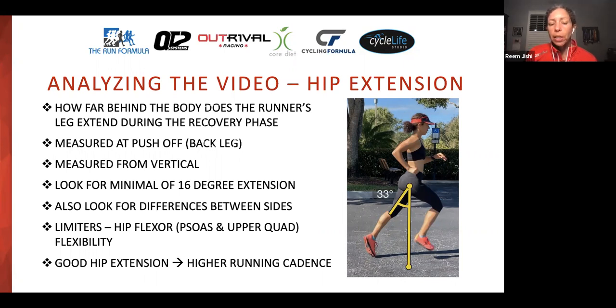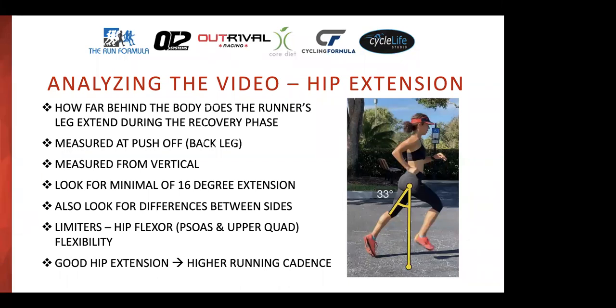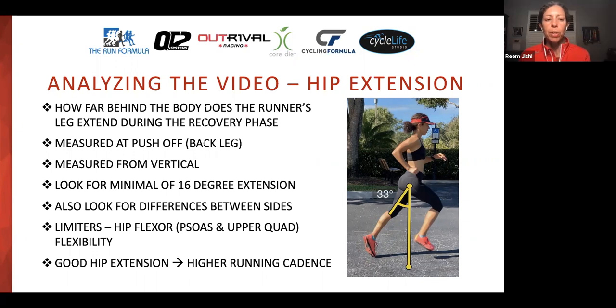Limiters here: flexibility, hip flexor flexibility. Basically the top of your leg where your leg meets your hip area is a tight muscle for people. One little thing I always have people check is, if you're standing tall and you bend one knee so your foot is back behind you, basically a standing hamstring curl, just do whatever is natural.